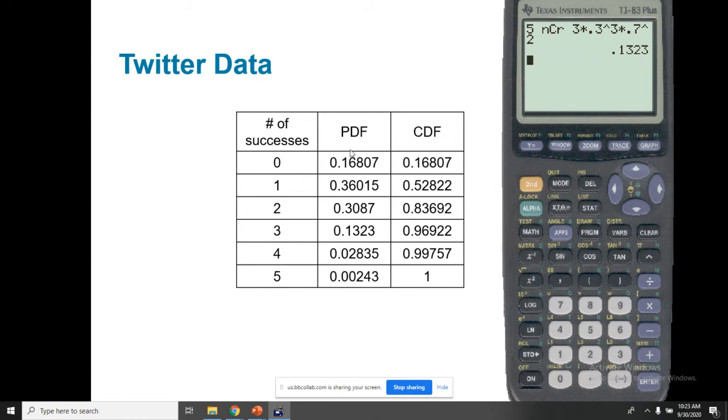Notice if you're calculating the probability of an exact number, either 0, 1, 2, 3, 4, 5, we'll use the PDF. Now I'm going to use a calculator to calculate the probability that exactly 3 people will know what Twitter is.